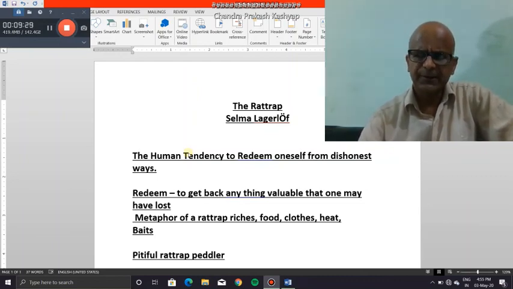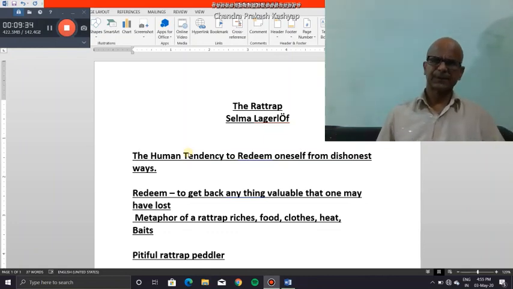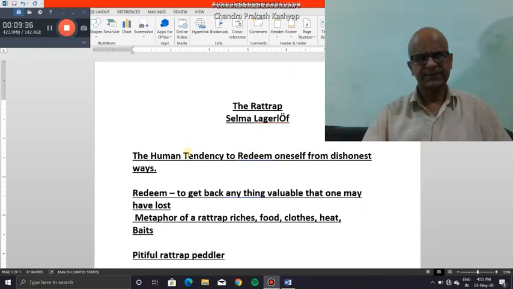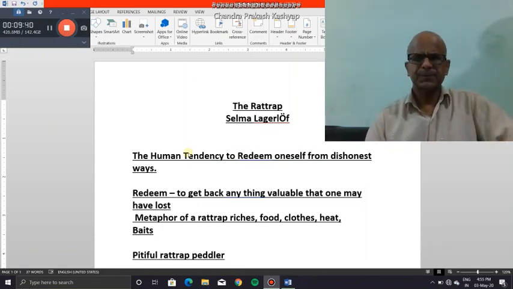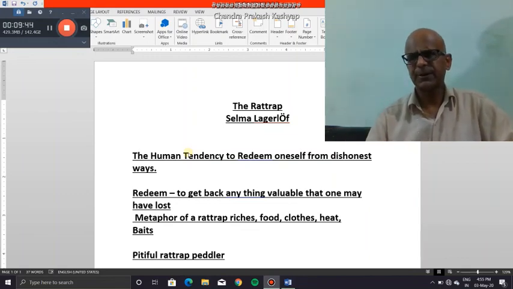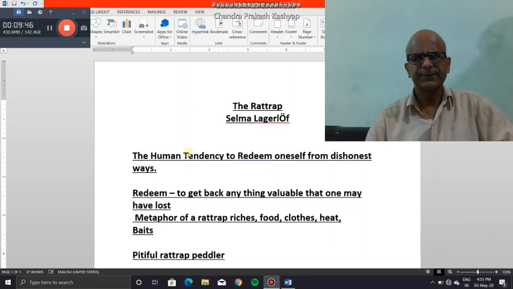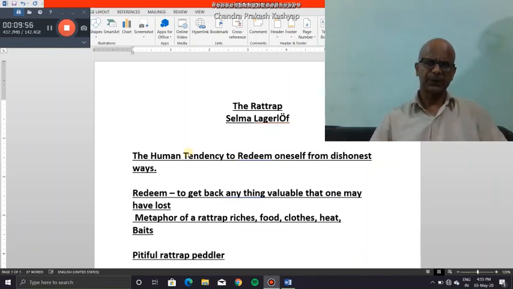It is this encounter with the person inside the roadside cottage that becomes a turning point in the otherwise peaceful life of the rat trap peddler. The owner of the cottage welcomes him and invites him.